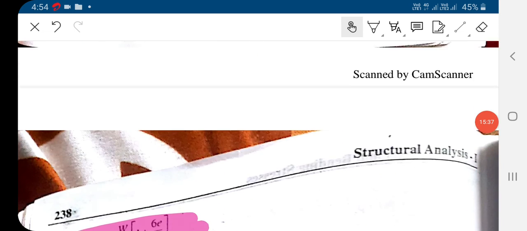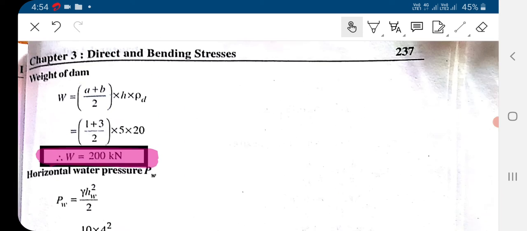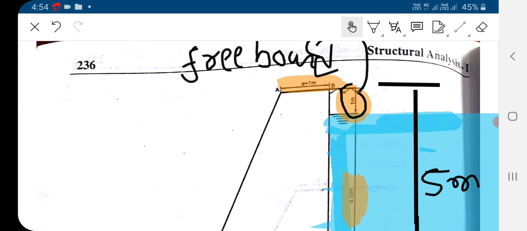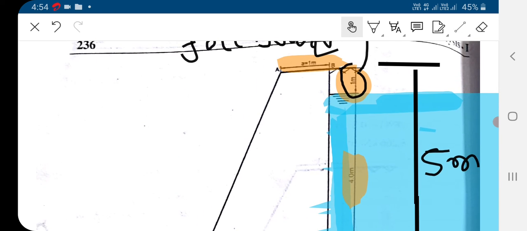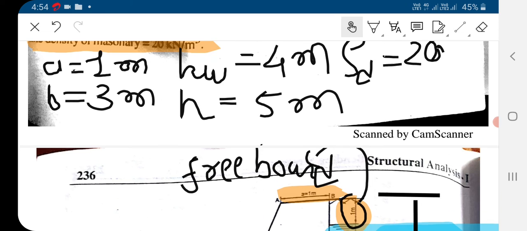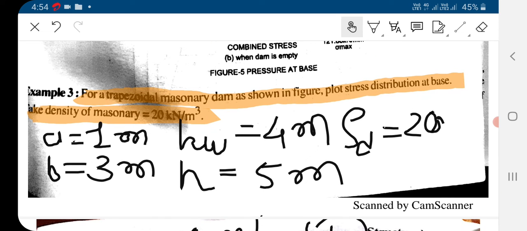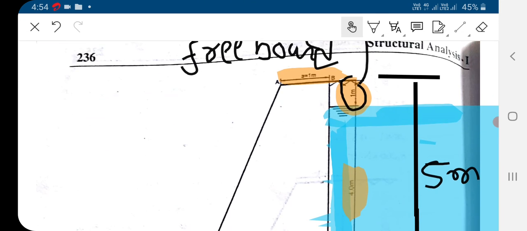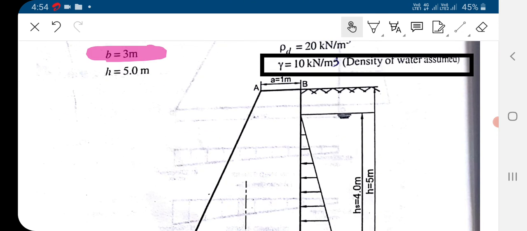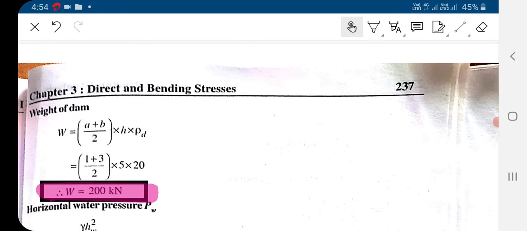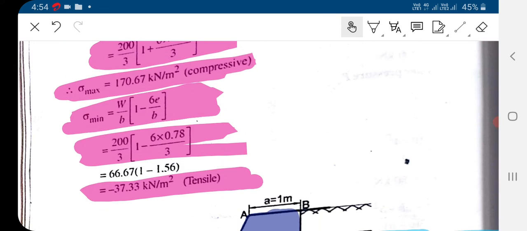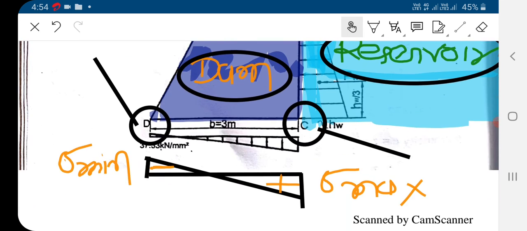In this example, the figure is given to us for the dam, and we have to get the data from this figure and draw the stress distribution diagram. First we compute the forces acting over the dam, and based on these forces we compute sigma maximum and sigma minimum, and draw the distribution diagram like this.